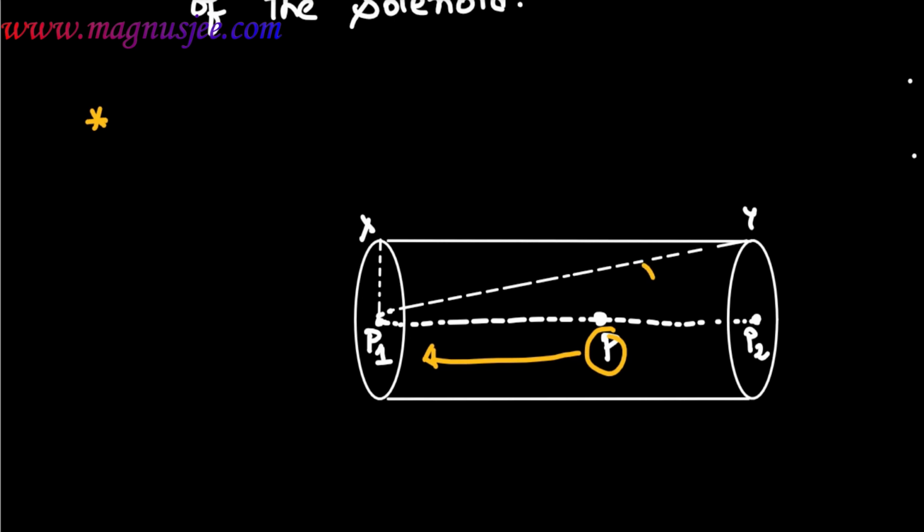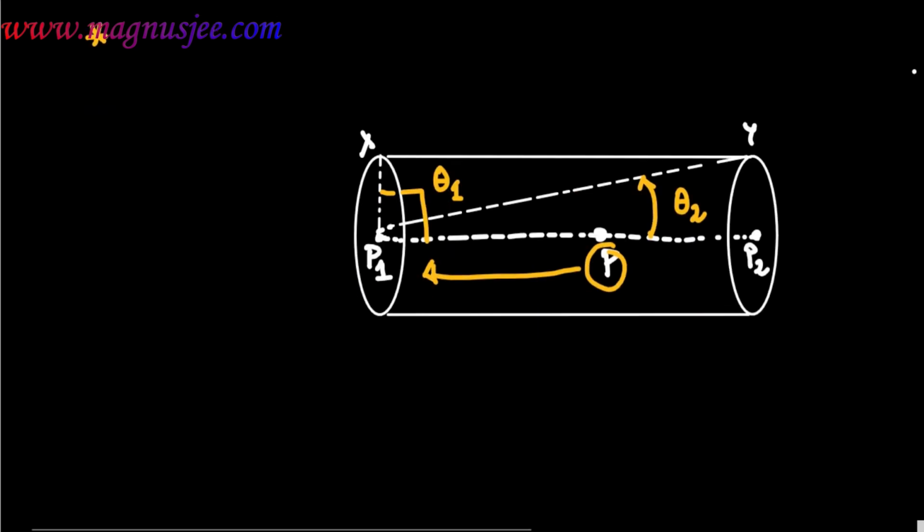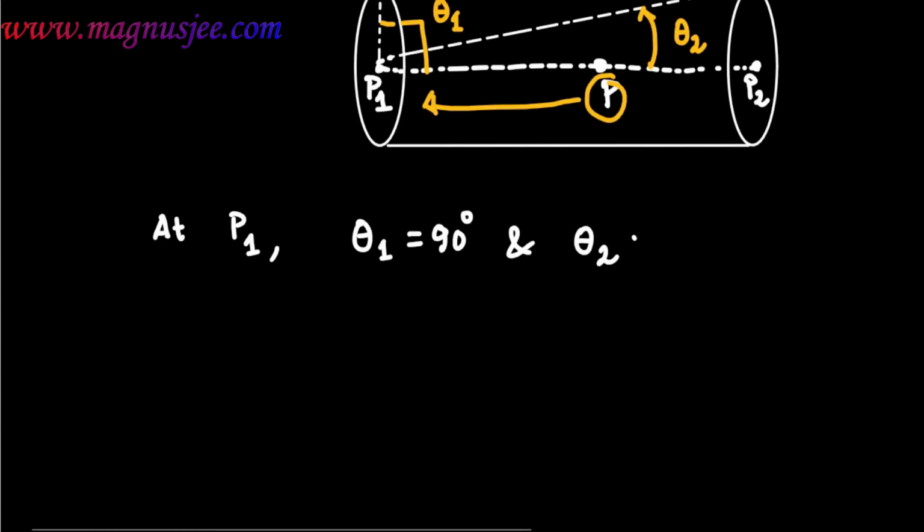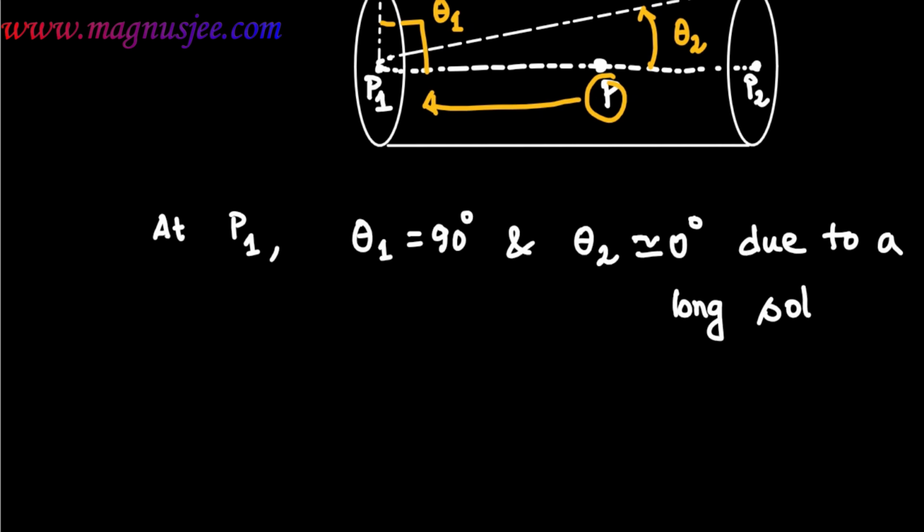So the oblique distance P1Y of the end makes an angle theta 2 with the axis, and the perpendicular distance of the end X from P1 makes an angle theta 1. At P1, theta 2 is approximately equal to 0 degrees due to a long solenoid.